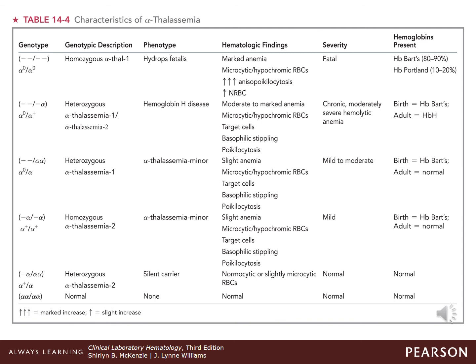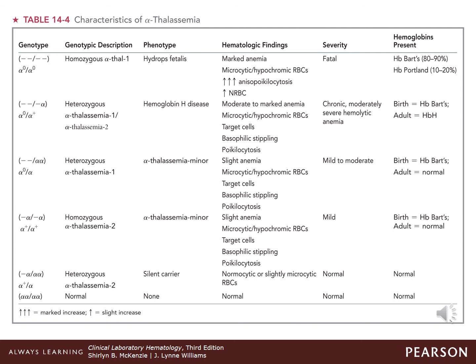So the compensating mechanism is there. Again, you still have some excess beta chains, so you can still have hemoglobin Bart's at birth. You may or may not have a slight hemoglobin H and a slight type of anemia, mild to moderate.